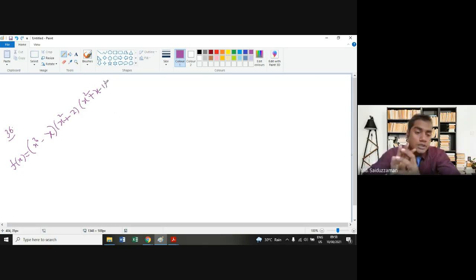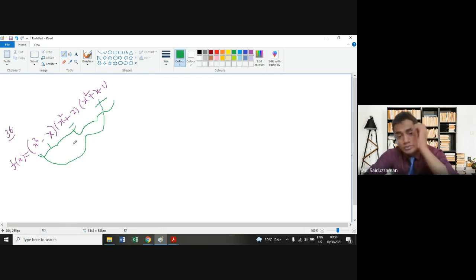So you can solve this math in two ways. One way is that at first you multiply everything here, then take the differentiation. Or you can apply the product rule for two of these at first, keeping the third fixed, then the other two keeping this fixed, then this and this keeping this fixed.